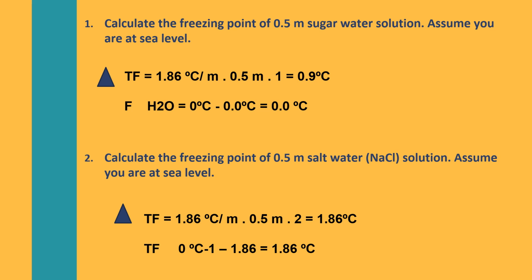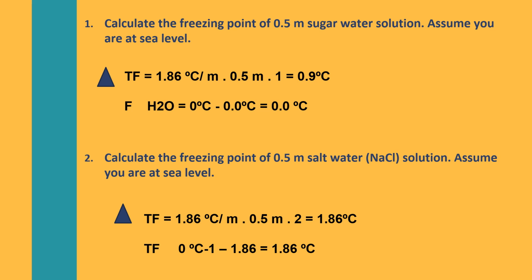We get the calculator out: 1.86 times 0.5, and we end up with 0.93, or 0.9 degrees Celsius if we're using the correct number of significant figures.